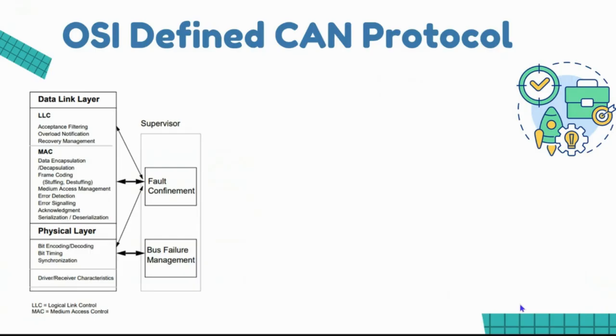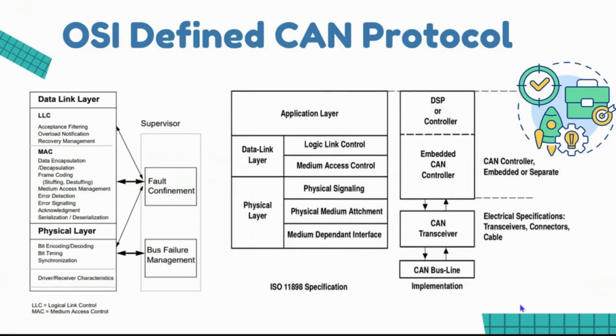The MAC handles data encapsulation, decapsulation, frame coding, medium access management, error detection, error signaling, acknowledgement, serialization, and deserialization. So these are the 2 important layers in the CAN protocol, where the data link layer takes more responsibility through the LLC and MAC.